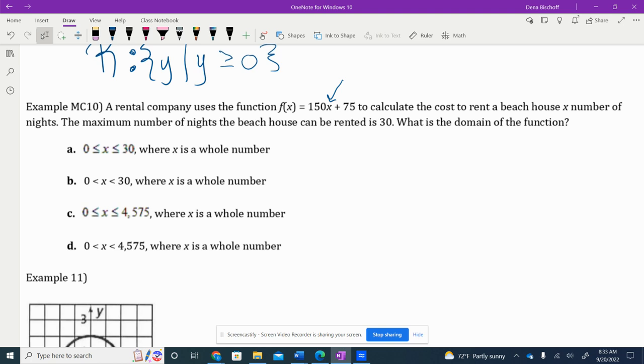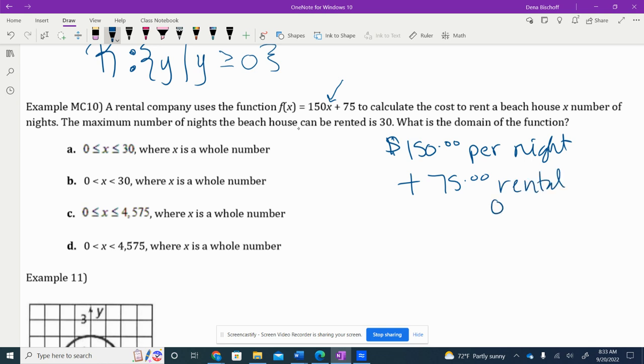It's the number attached to the x. So I'm paying 150 per night plus that $75, probably just a rental fee. That's my one-time booking fee for each booking, right?